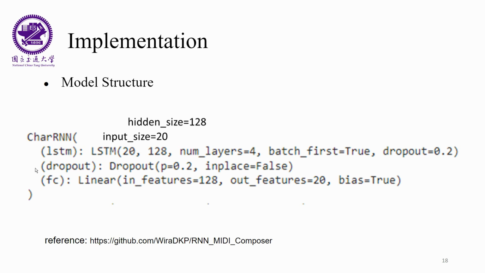Then we add an additional dropout layer after lstm with probability 0.2 again. Last, we have to convert the dimension back to 20, so we add a fully connected layer at the end.